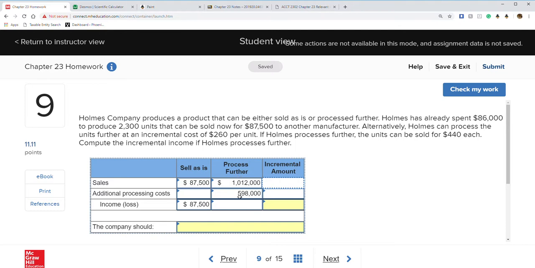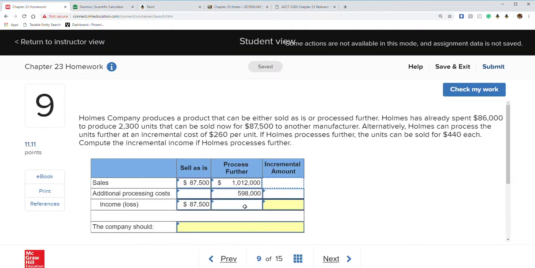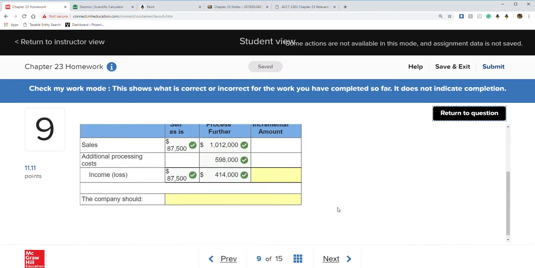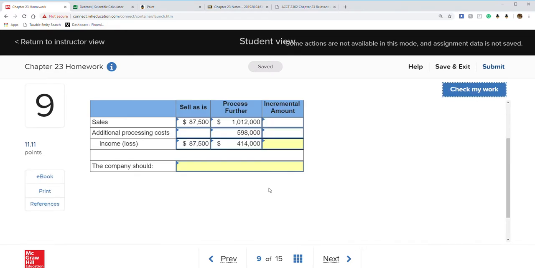Okay, now all we have to do is find the difference. So, our income minus our cost, we got 414,000. Okay, that's cool. It's going to have me check my work, make sure everything's good. Next part is this incremental amount.